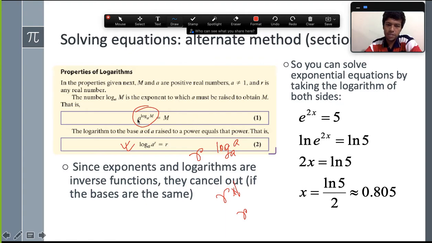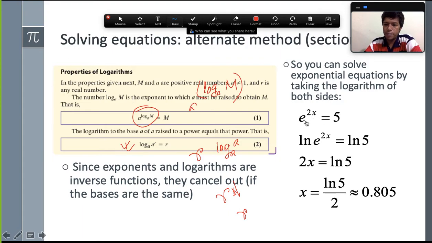When you have the same base to the power log a base m, when the base is the same, you can eliminate them, and the only thing that remains is m, whatever this number is.